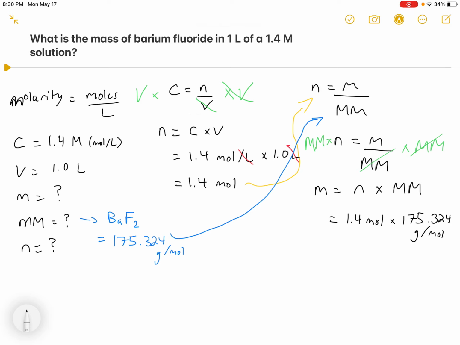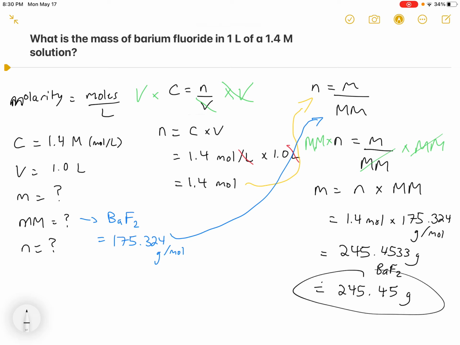I want to carry more data towards the very end. When we type that into our calculators, what we are going to get will be around 245.4533 grams of barium fluoride, or if we round that off to 2 decimal places, 245.45 grams. And that would be our final answer for our therefore statement.